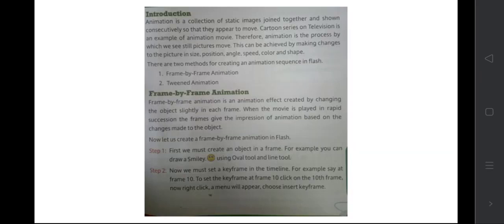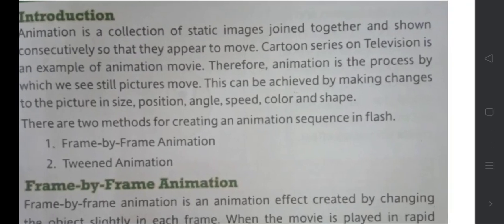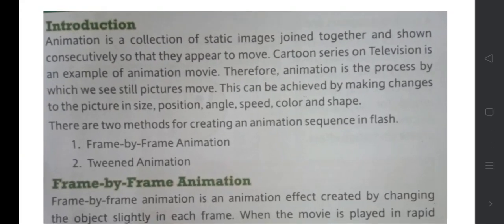First we'll have a small introduction. Animation is a collection of static images joined together and shown consecutively so that they appear to move. It means all the objects are arranged one after one, so when you play them together, it looks like a movie.